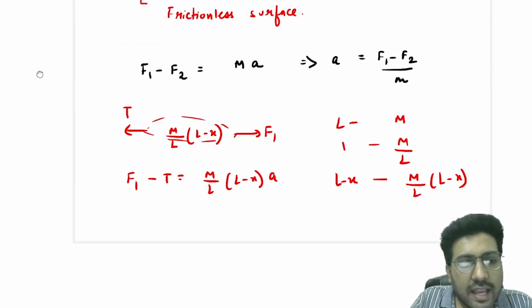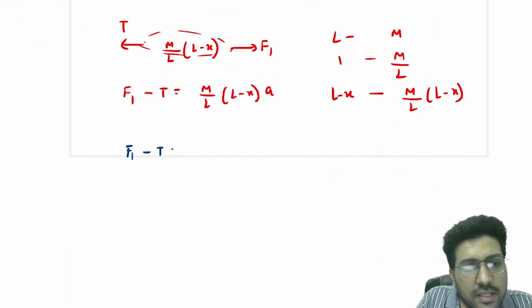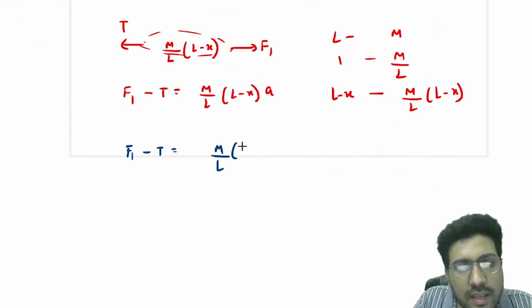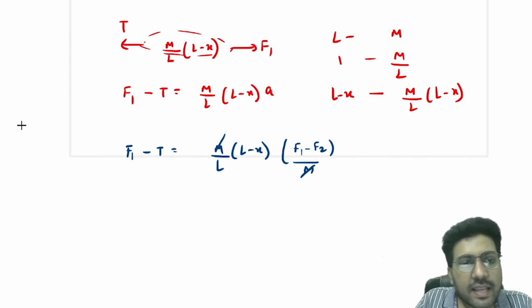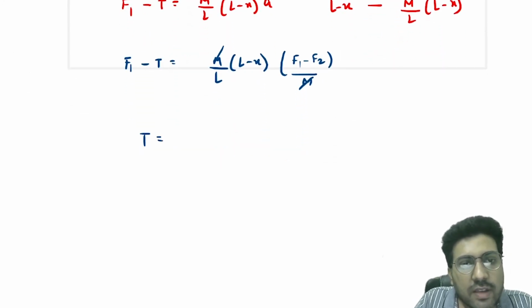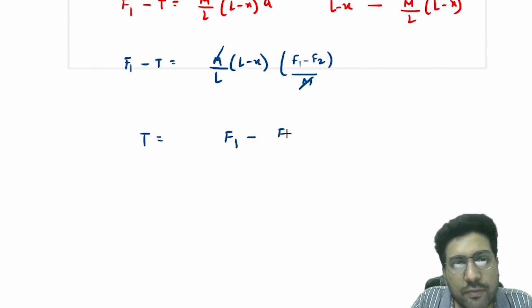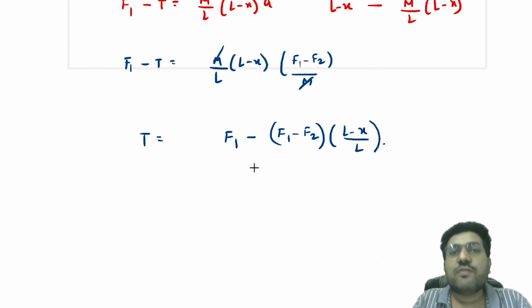So you will write F1 minus T is equal to m by L into L minus x into F1 minus F2 divided by m. M getting cancelled. From here you will get T is equal to F1 minus F2 into L minus x by L. So you have got the value of T now.